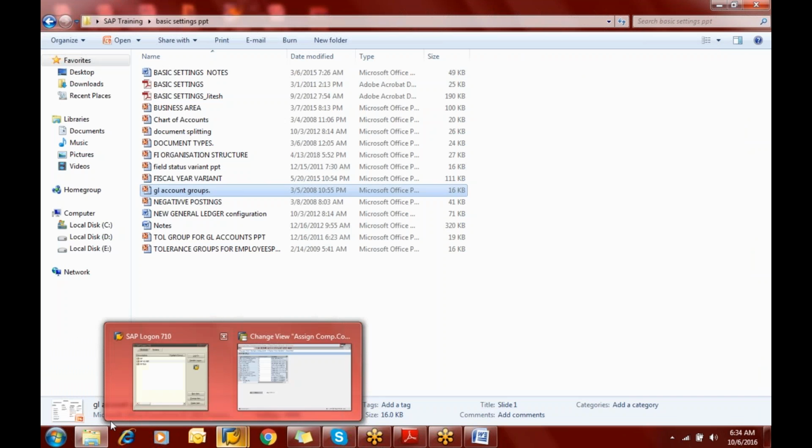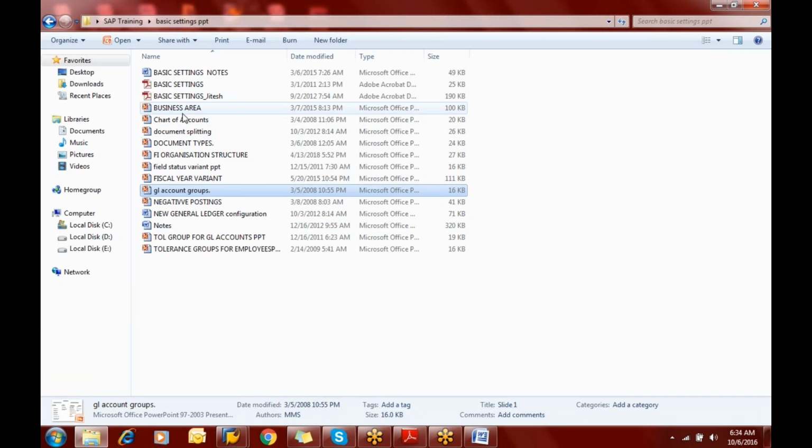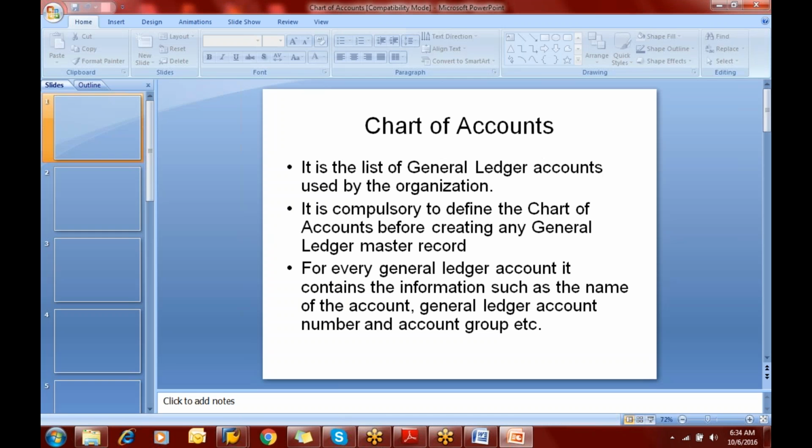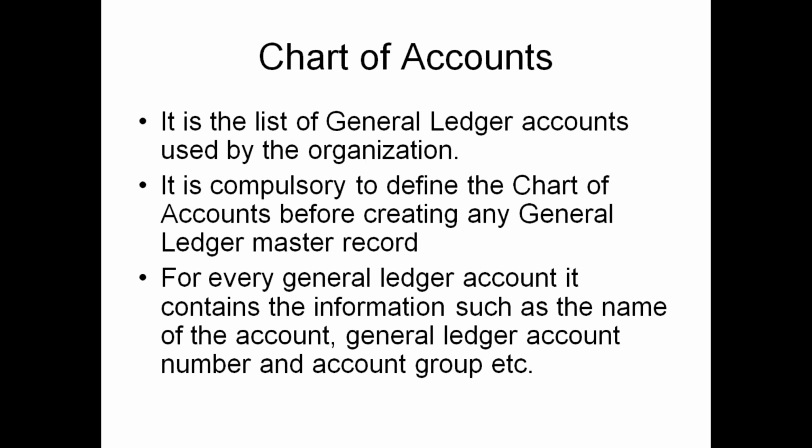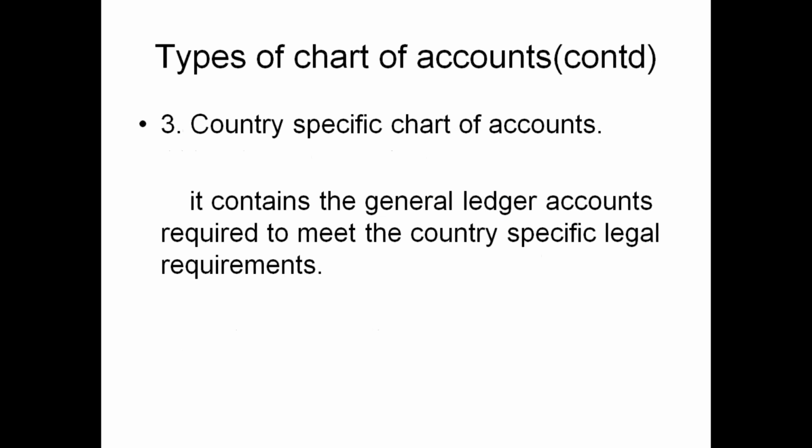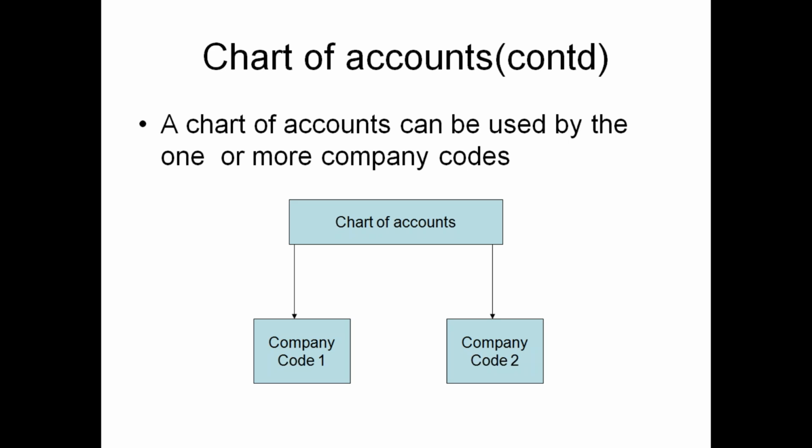Just a minute, we will have some more information regarding the chart of account. This is the third chart of account we have discussed, the country specific chart of account. Now it is saying that a chart of account can be used by one or more company codes.